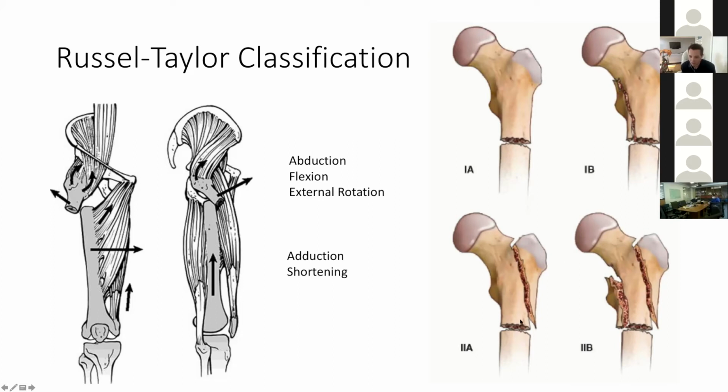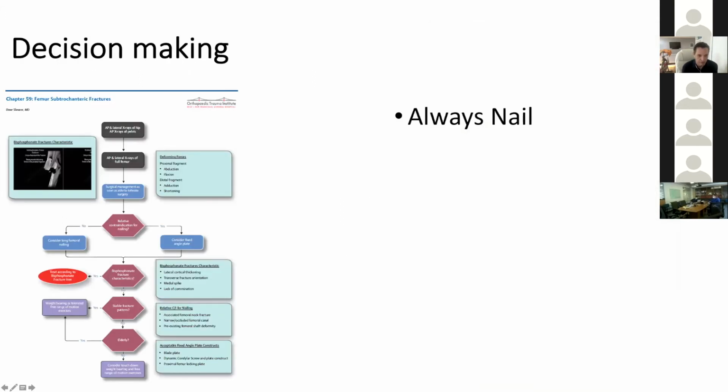And then if you have a fracture that goes through the piriformis, then you take out the abduction and external rotation forces on the proximal fragment. So this is an old classification. It wasn't incorporated into the new AO/OTA classification, but maybe that's something for the near future.